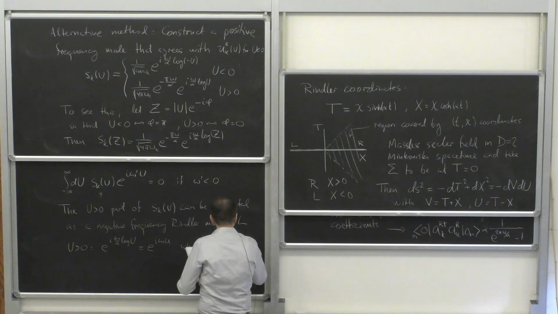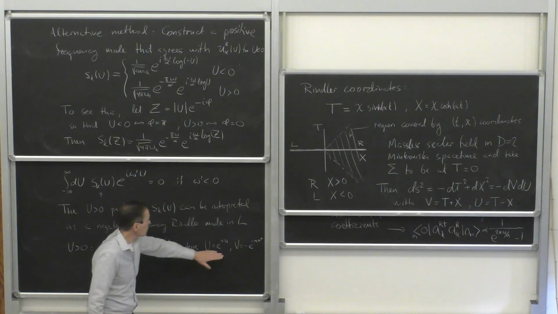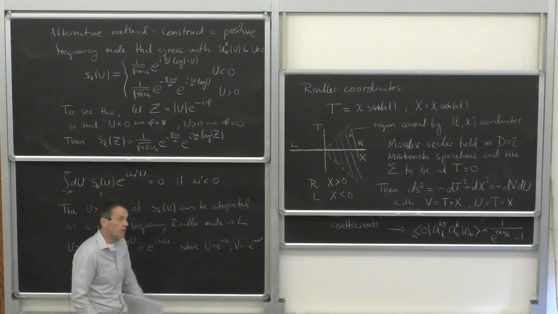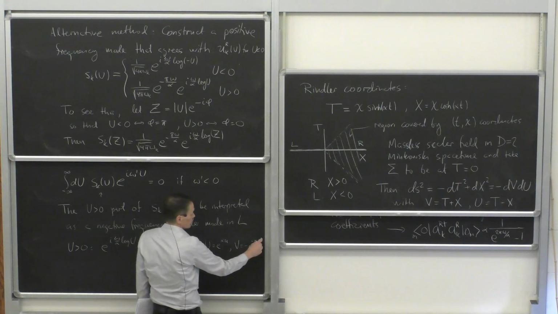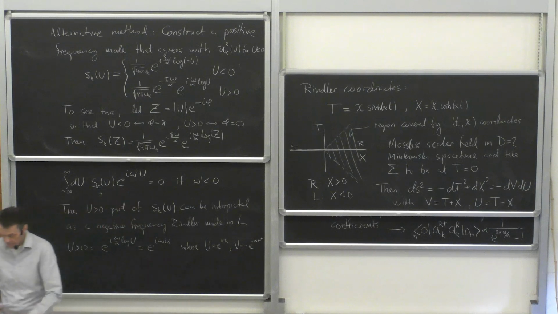And V is minus e to the minus alpha V. Okay. So basically, the globally defined coordinates are capital U and capital V. But when V is negative, the Rindler coordinates have to be adapted to this. Okay. So we do that.